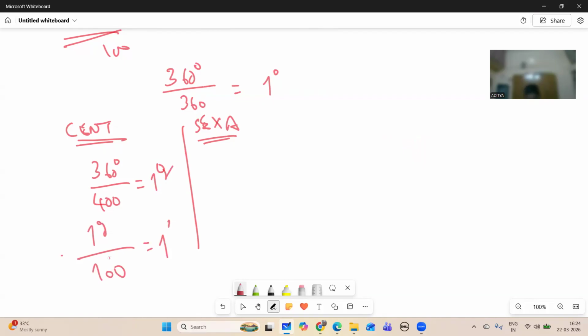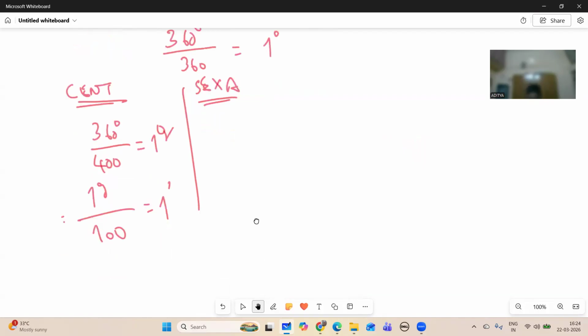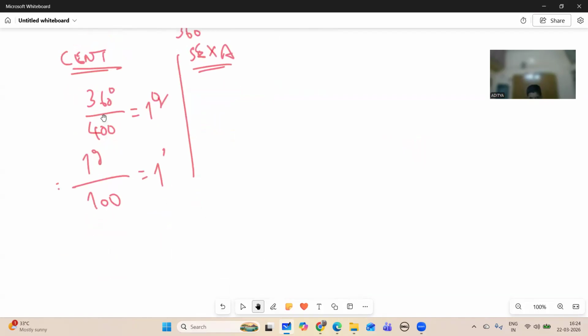So how much does this become? 0 cancels, 36 by 40 means 0.9. So 1 grade is 0.9 degree. That should be a bit smaller.